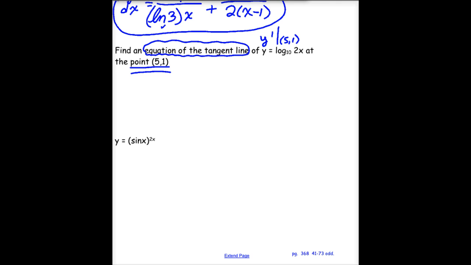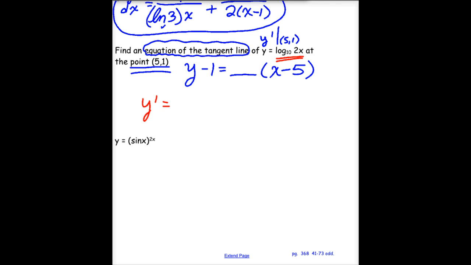Let's begin. So point slope form, y minus the y I know is equal to the slope there times x minus the x I know. The kicker to these is always how do I get the slope there? It's always a derivative. The functions just keep changing as we progress through the book. So I need to take y prime, which is log base 10 of 2x.